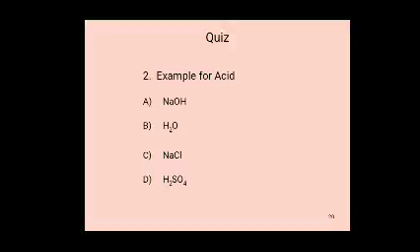H2O ionizes into H+ and OH- ions; it is an amphoteric substance. NaCl gives Na+ and Cl- ions; it also does not produce H+ ions. Now D, H2SO4, ionizes into 2H+ and SO4 2-, so it produces H+ ions and acts as an acid.